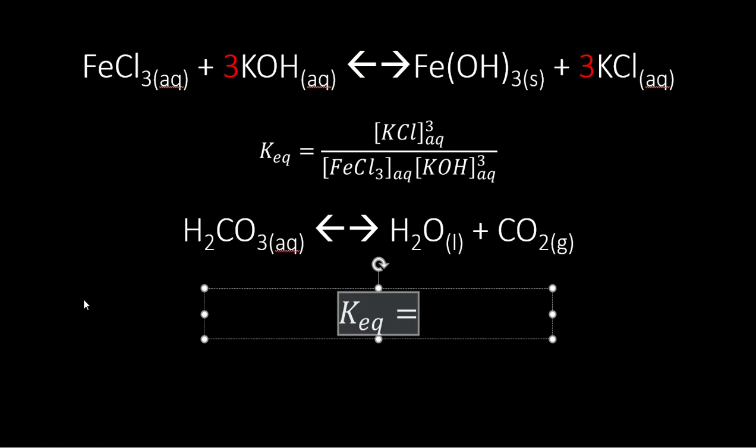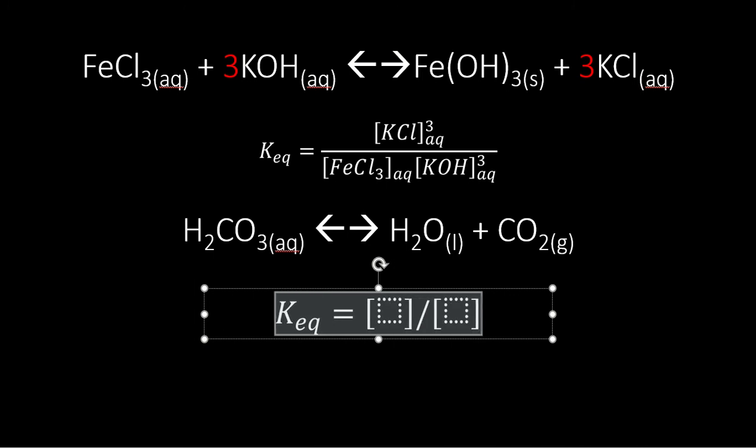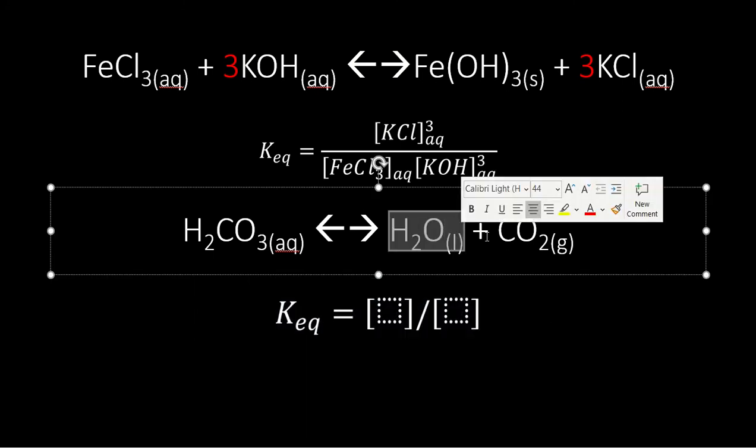Such as this case right here, we have the reaction of carbonic acid breaking down into water and carbon dioxide. All the coefficients are going to be 1, so we actually don't have any exponents to worry about. But we still have a product over a reactant. Now, as far as the products go, we have liquid water, so we're not going to include it.